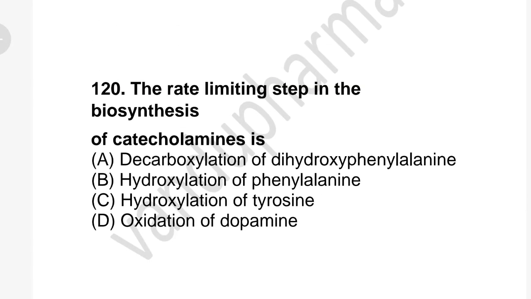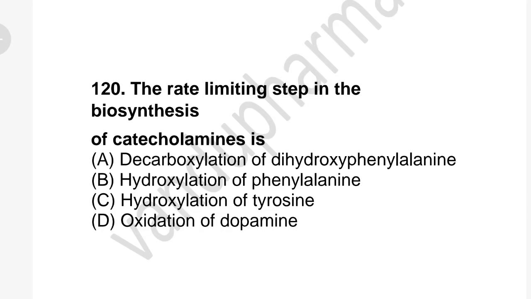The rate limiting step in the biosynthesis of catecholamine is option A decarboxylation of dihydroxyphenylalanine, option B hydroxylation of phenylalanine, option C hydroxylation of tyrosine, option D oxidation of dopamine.